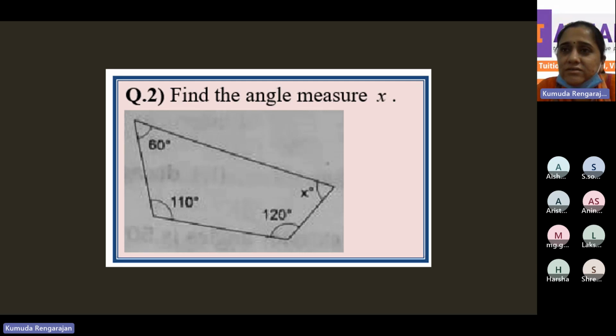How will you find x? Very simple question, Surya. How will you find x? Not sides.